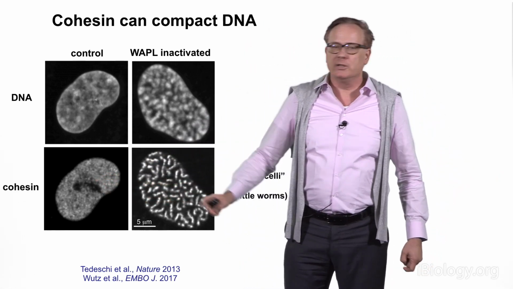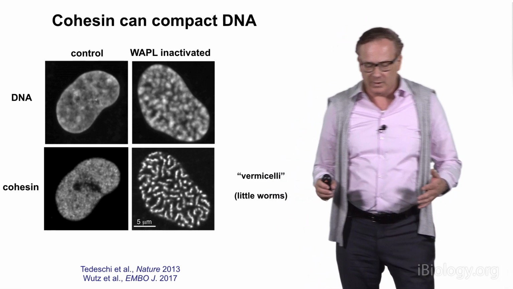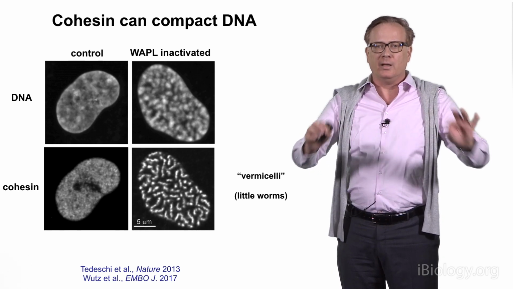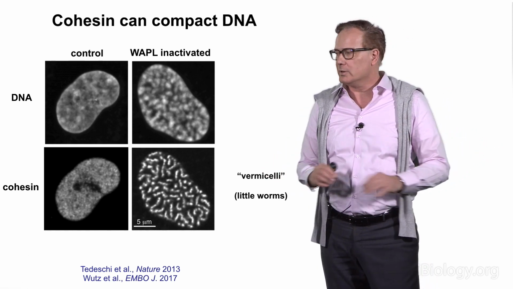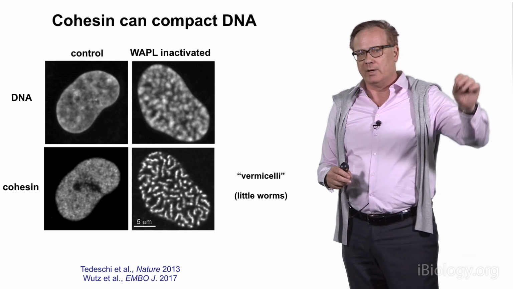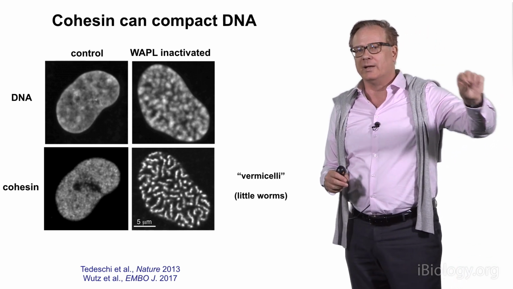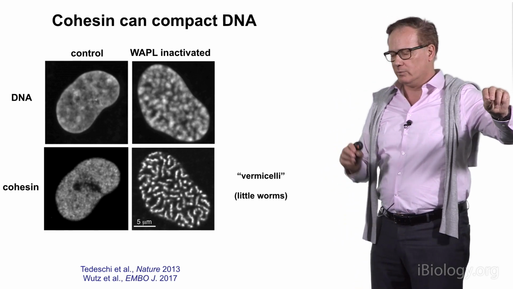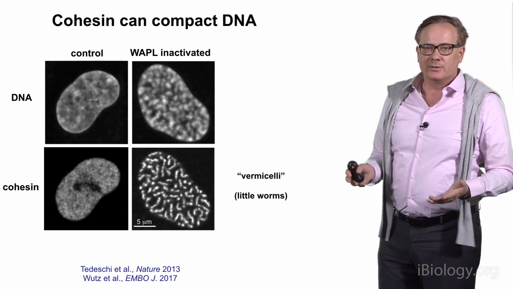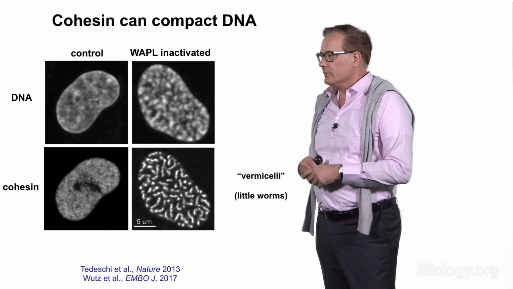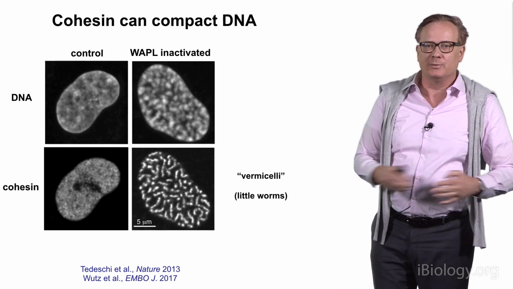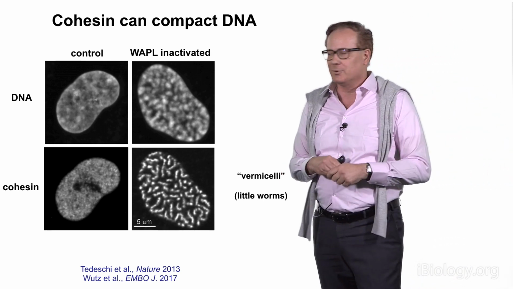But after WAPL depletion, now it had changed localization and accumulated in axial domains of chromatin territories, which from hybridization experiments we believe are running from one telomere, so from one end of the chromosome, if you wish, to the other. And we called these axial staining patterns vermicelli, which is Italian for little worms, because the student in my lab who discovered them was Italian, Antonio Tedeschi.